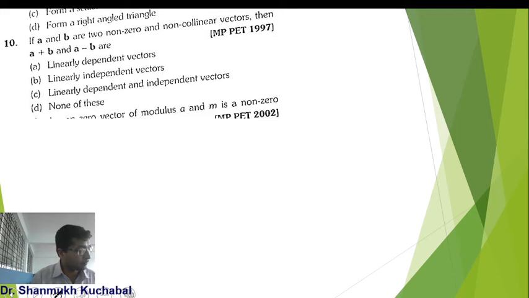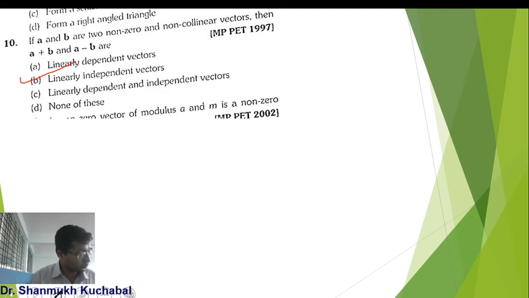So we have to verify this. The correct answer is: since A and B are non-collinear, A plus B and A minus B will also be non-collinear. Hence A plus B and A minus B are linearly independent vectors. So option B is the right answer.